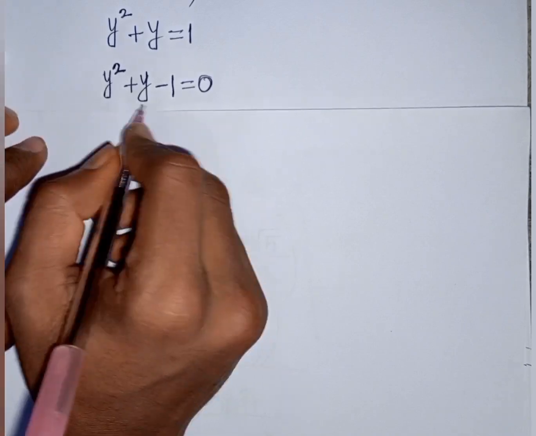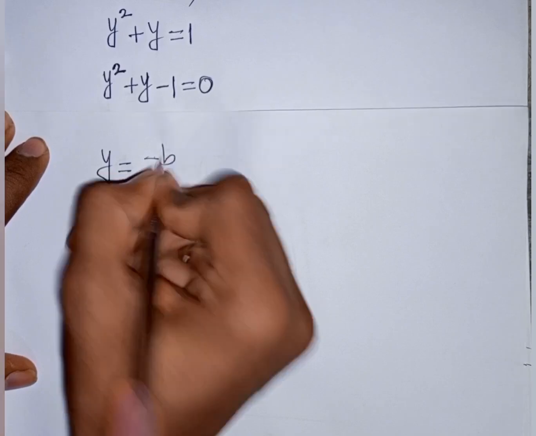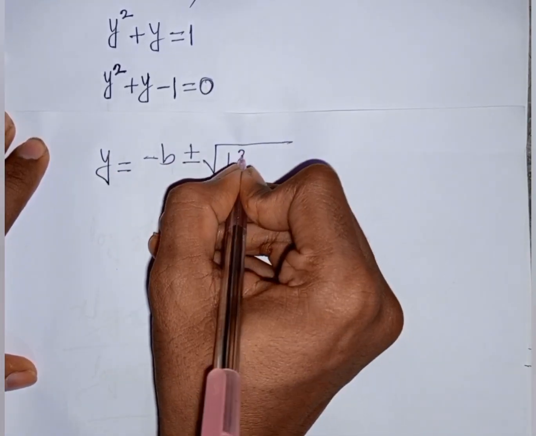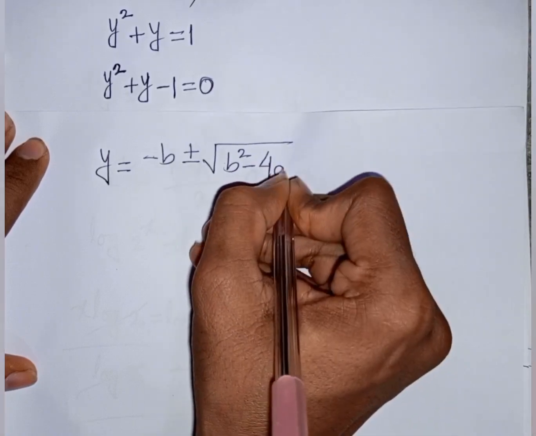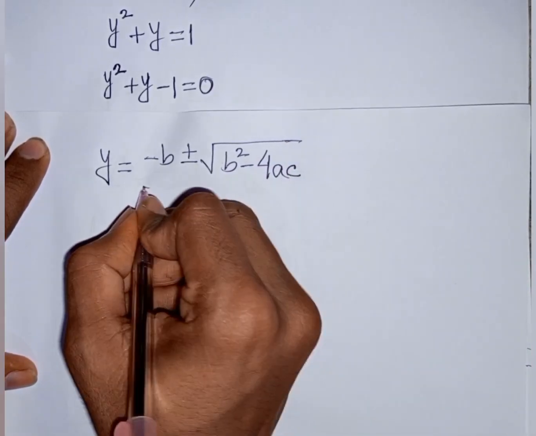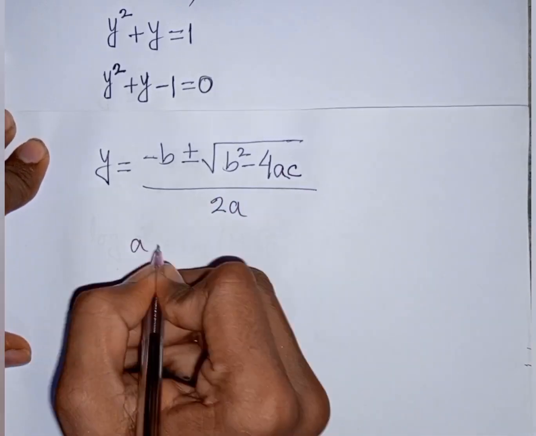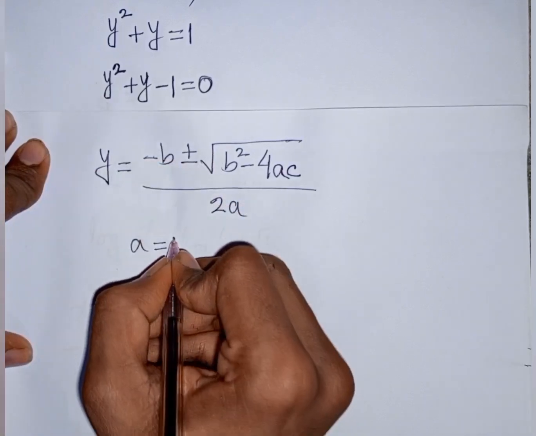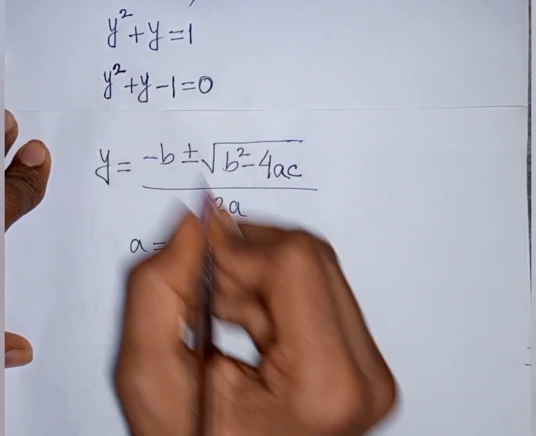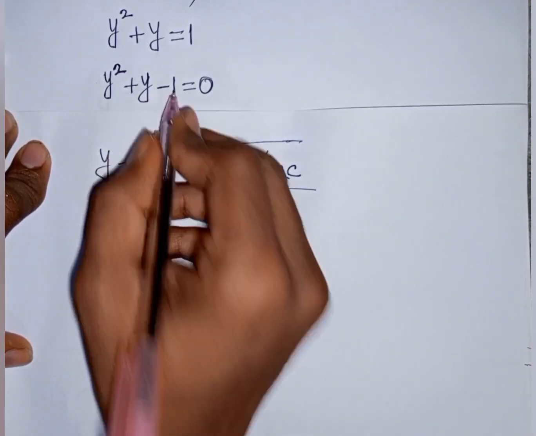Now here I can apply the quadratic formula, so I can write here y is equal to minus b plus or minus square root of b square minus 4ac, divided by 2a. Here a will be equal to 1, b will be equal to 1, after that c will be equal to minus 1.